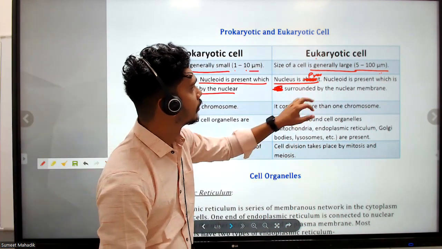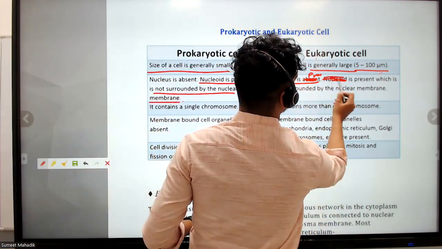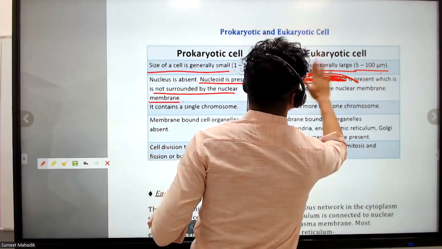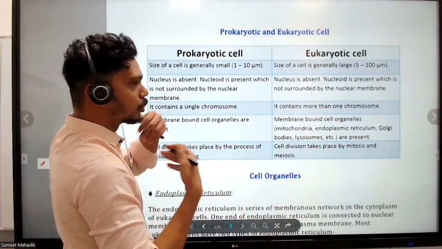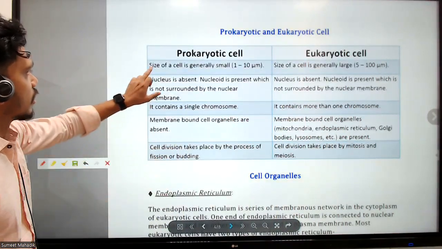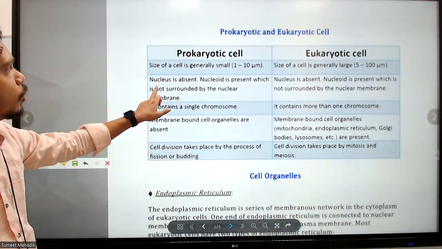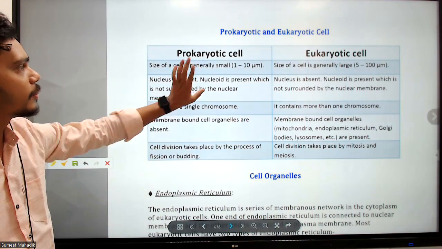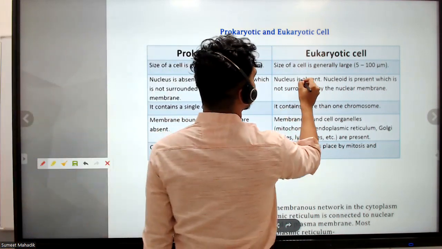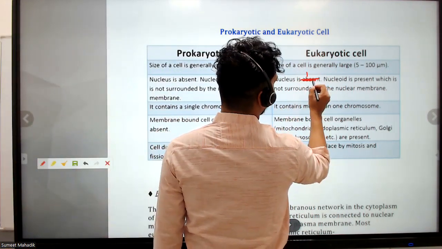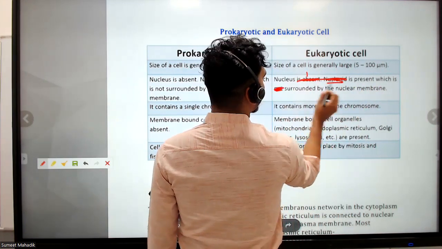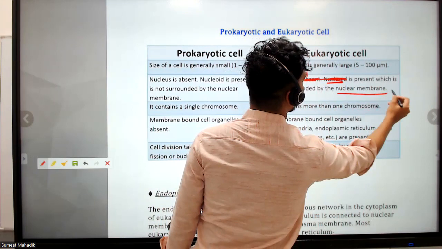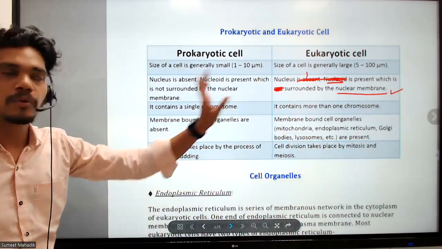One second, there is a mistake in this only, so we will correct it ourselves. Size, this is clear. Nucleus is absent, correct. Nucleoid is present. In the eukaryotic case, nucleus is present, which is surrounded by the nuclear membrane. This is correct now. Very good.